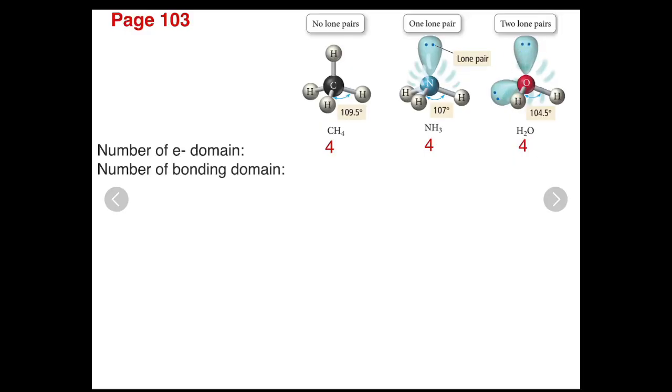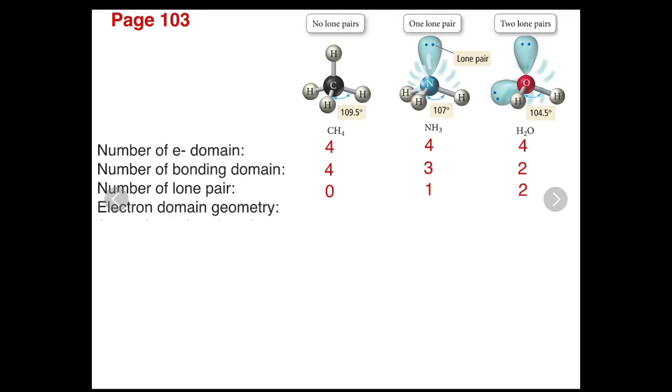As I mentioned earlier, the number of electron domains comes from the bonding domains and the lone pairs added together. For methane, you count all the bonding domains, and the lone pair count is 0. For ammonia, the electron domains come from 3 bonding domains and 1 lone pair. And for water, you will have 2 bonding domains and 2 lone pair domains.